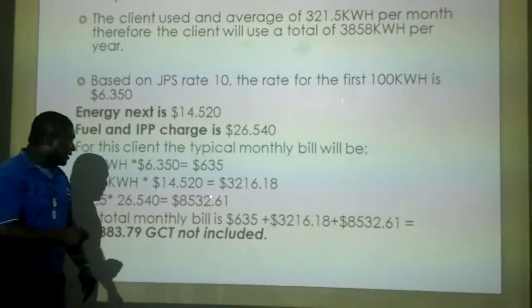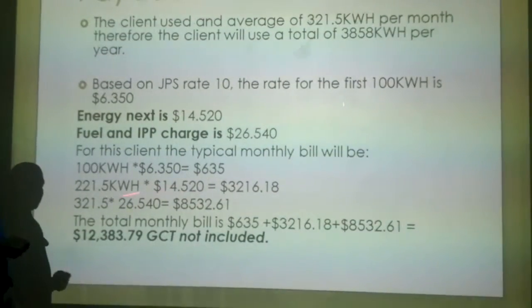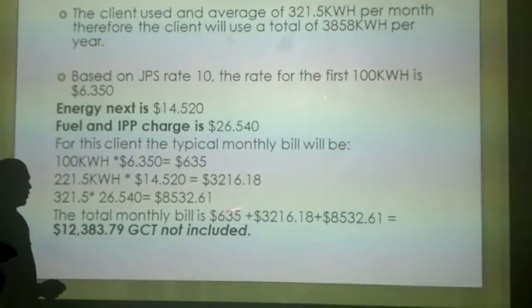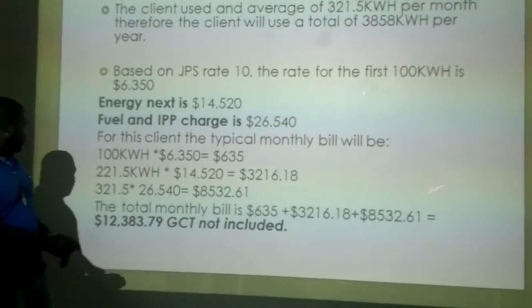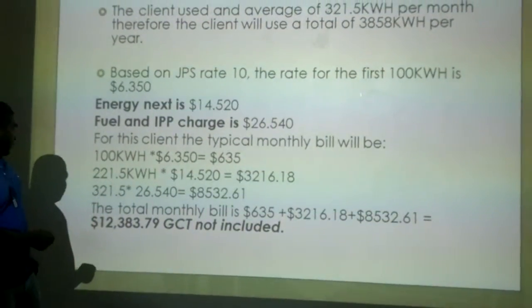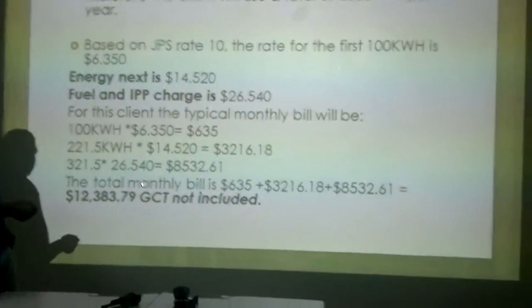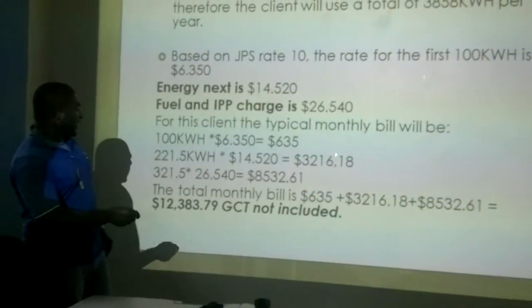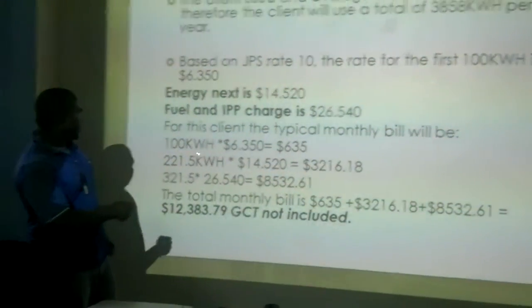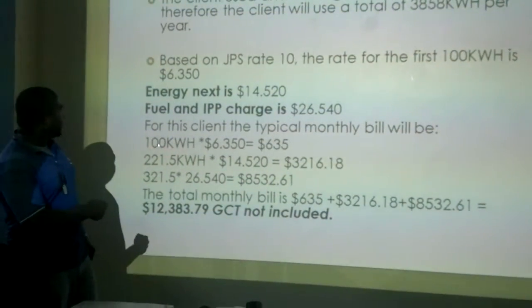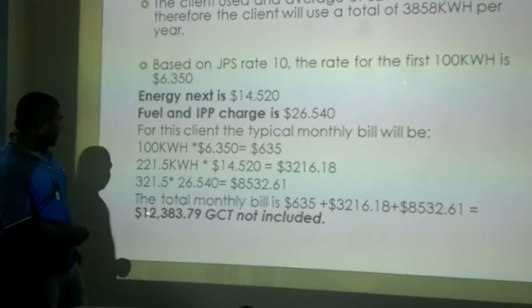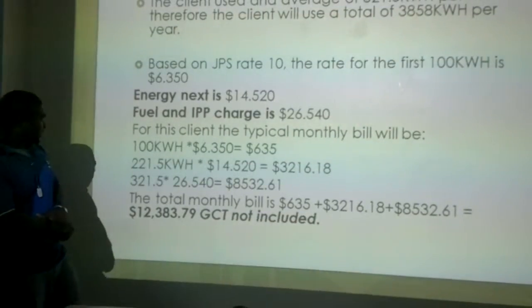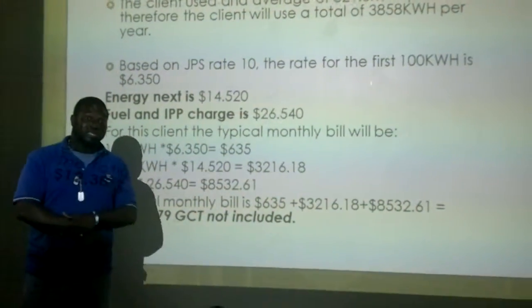Well, this is basically in Jamaican dollars per month. So the total monthly bill, including the IPP and fuel charges and the first 100 kilowatt hours, comes to a total of 12,832.79, GCT not included.